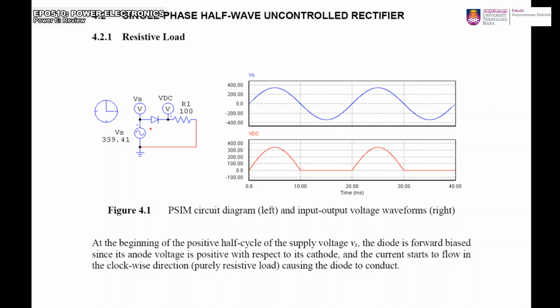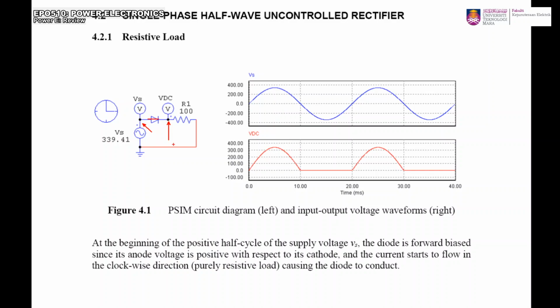Whenever the diode is on, it will appear as a short circuit, therefore connecting VDC to VS. So the output voltage equals the supply voltage, and that's why the VDC here will just copy the supply voltage.